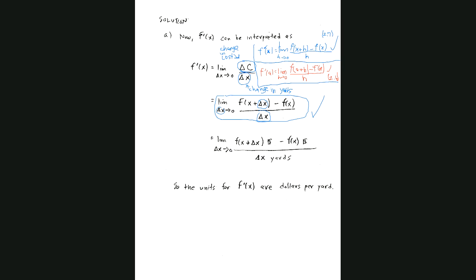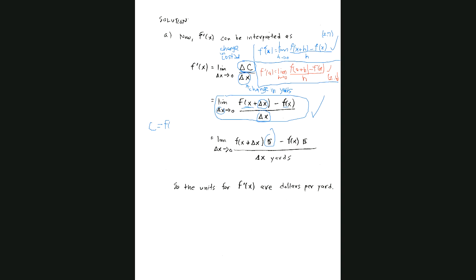But what you should notice here is that in the numerator, your difference in your two functions is the difference of two costs, because remember, C, cost, which is in dollars, was equal to f of x.